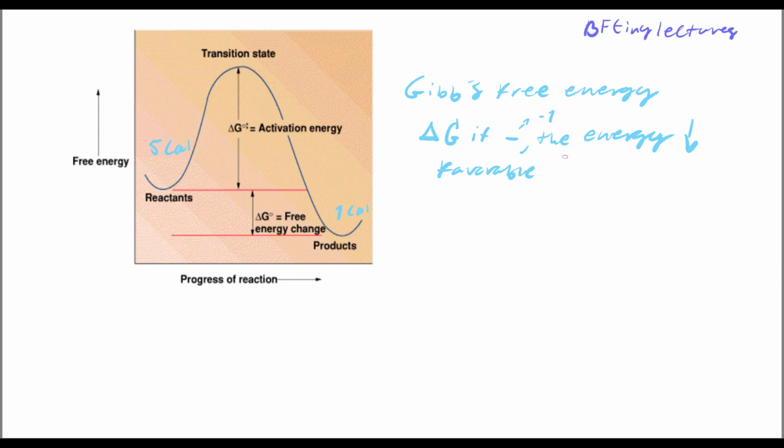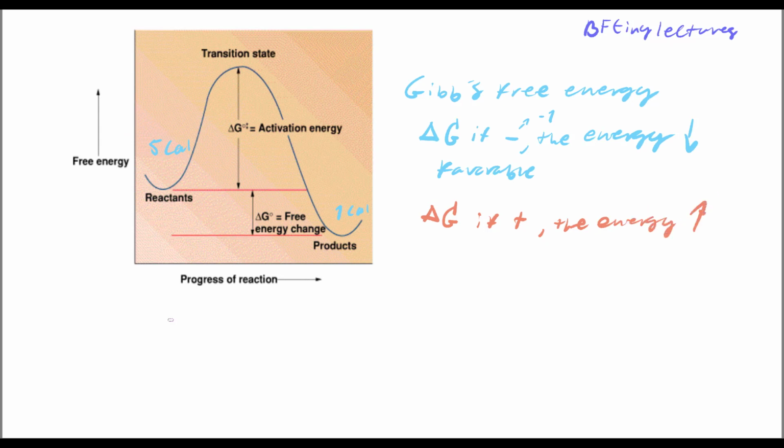You actually released energy. Okay, but what if delta G is positive? So what if that happens? So if positive, you actually absorbed energy, and that is not favorable. Okay, the energy increased.